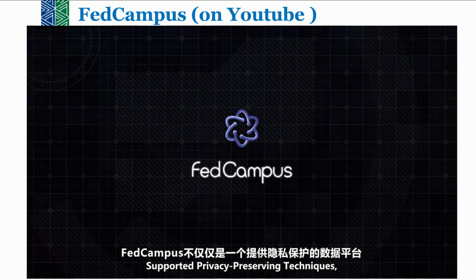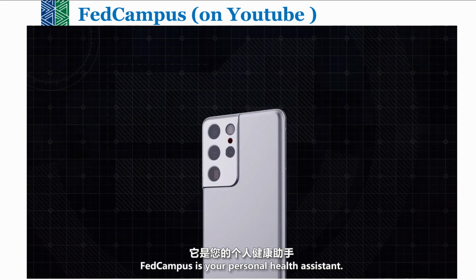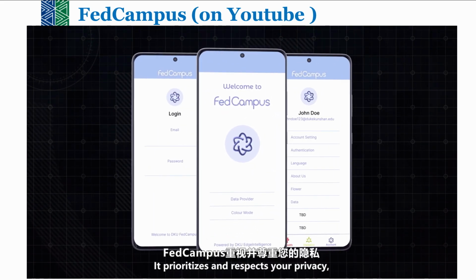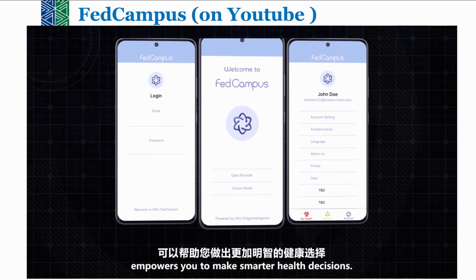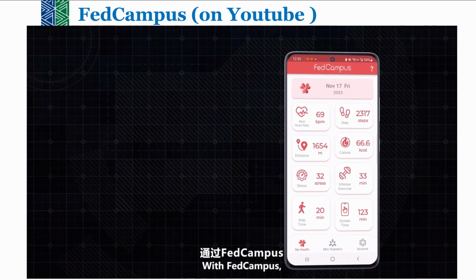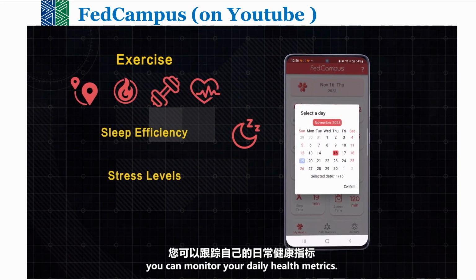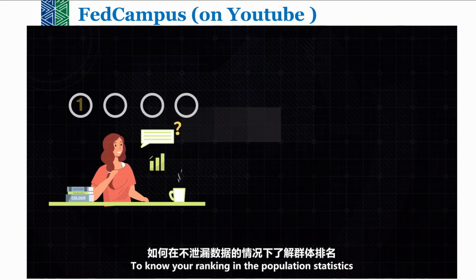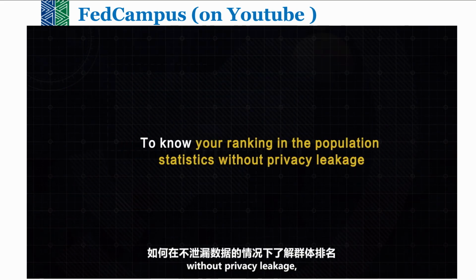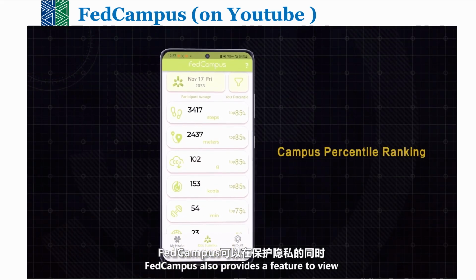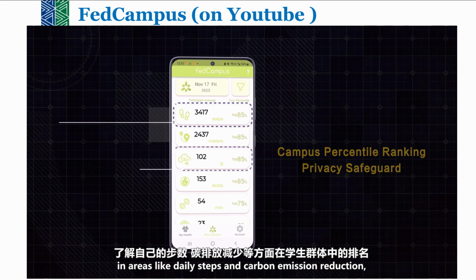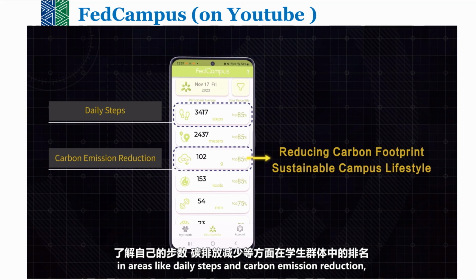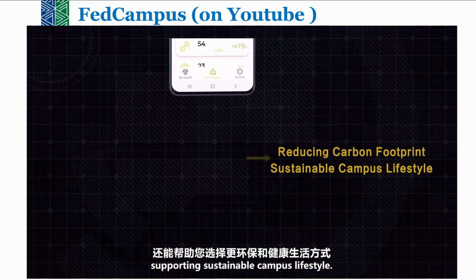Supported by privacy-preserving techniques, FedCampus is your personal health assistant. It prioritizes and respects your privacy, and empowers you to make smarter health decisions. With FedCampus, you can monitor your daily health metrics to know your ranking in the population statistics without privacy leakage. FedCampus also provides a feature to view your percentile rankings with privacy safeguards in areas like daily steps and carbon emission reduction, supporting a sustainable campus lifestyle.